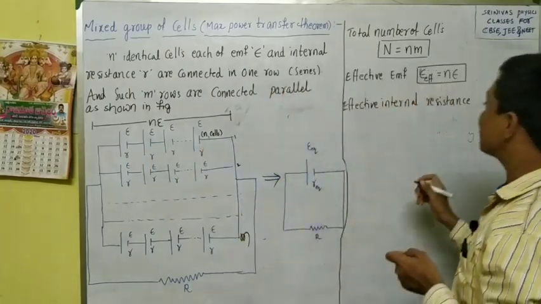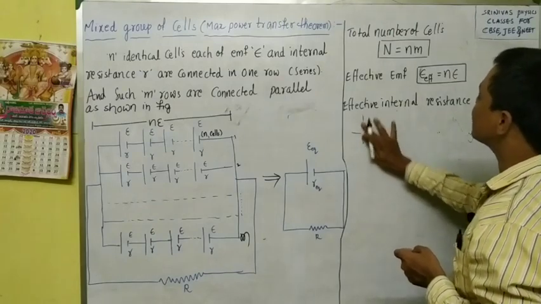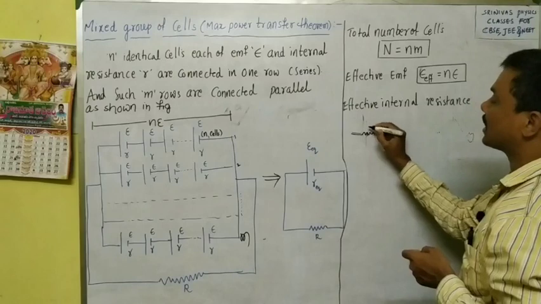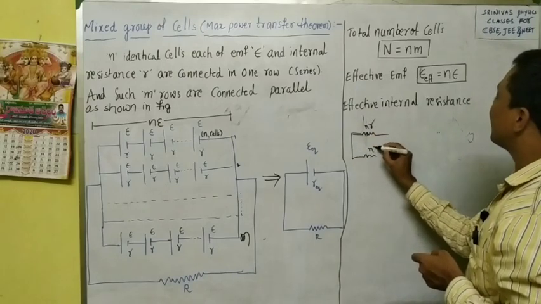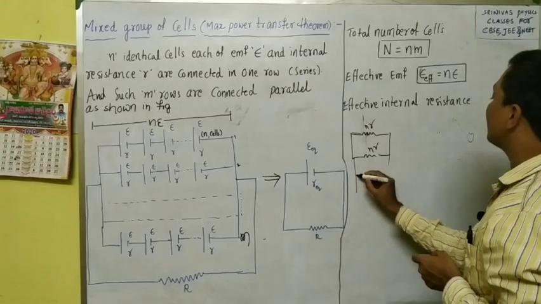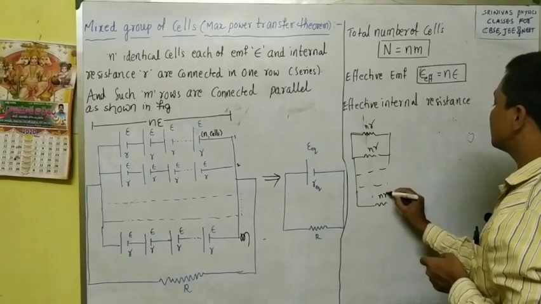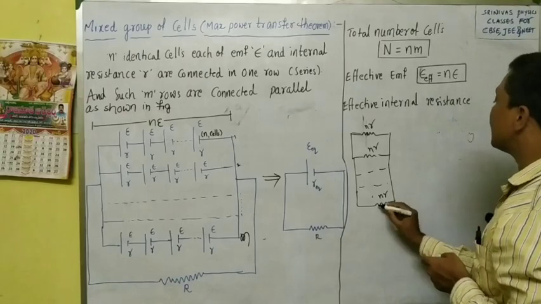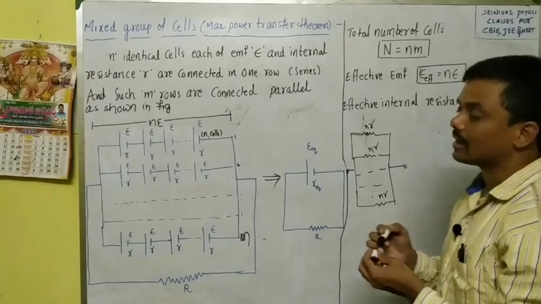That means in one row we are getting the resistance nr. Each cell also acts as one resistor. So nr and nr and nr. Like this, how many rows are there? In one row we are getting nr resistance.